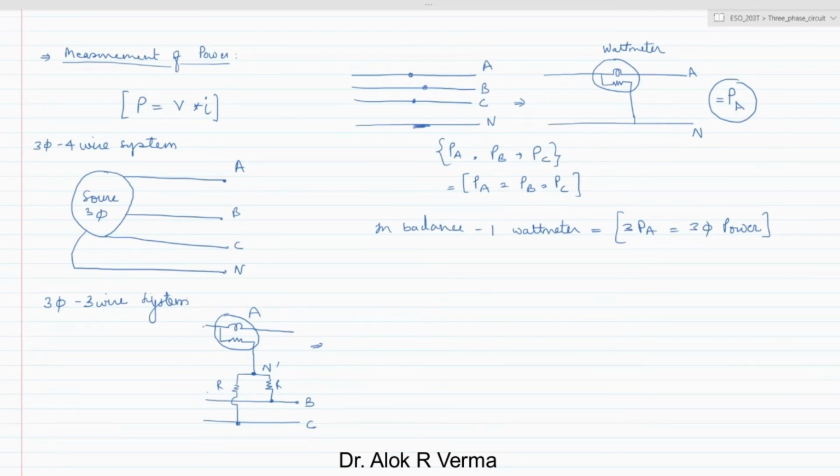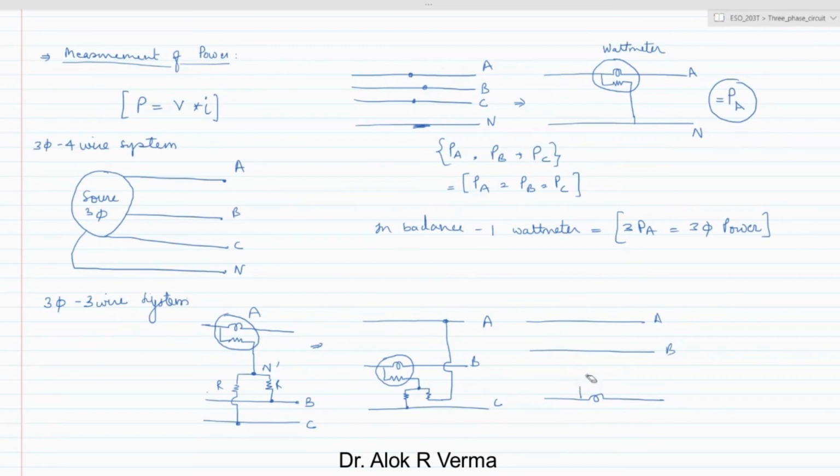Now if you reverse this, you can connect this coil in phase B, and this is connected to the neutral where one is connected here and one is connected to phase A. So this will show you phase B, A and C, and similarly you can have A, B, and you can have the wattmeter connected in series.